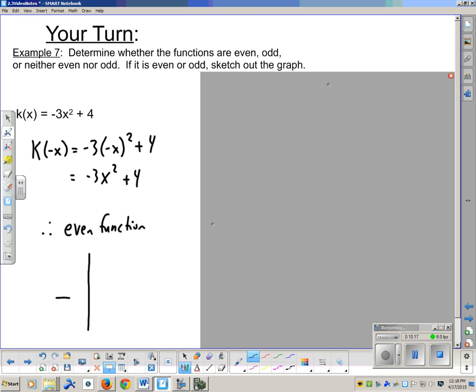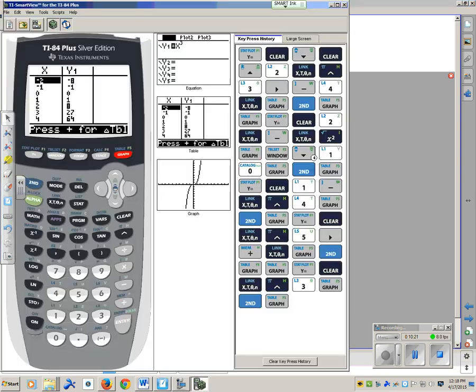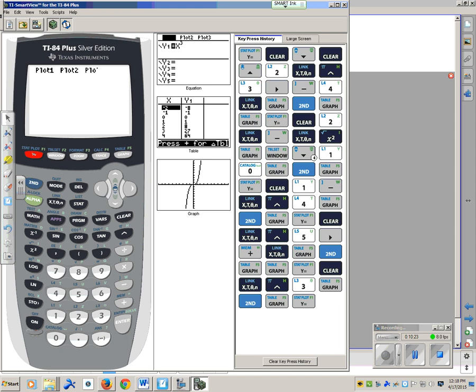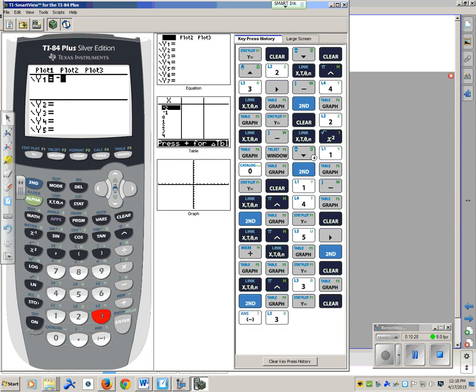So now we just have to simply sketch it out. So again, I might just go ahead and do this on my graphing calculator, even though you guys are probably really good at graphing these out by hand because this is just simply a quadratic.